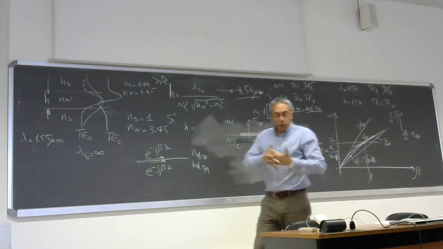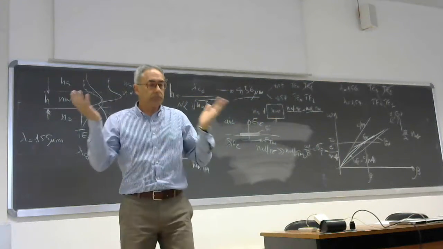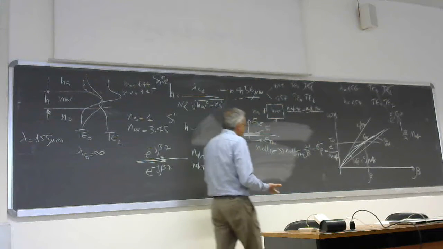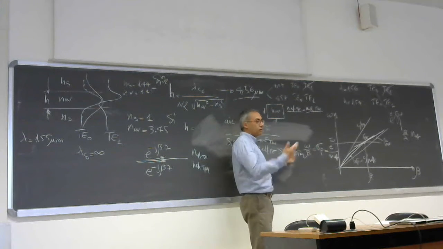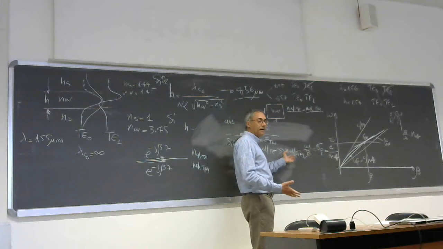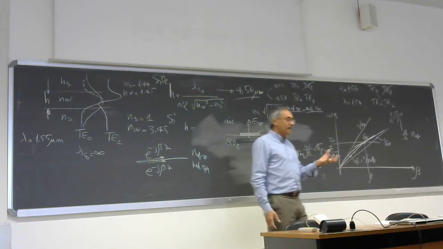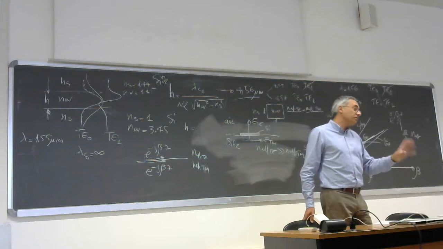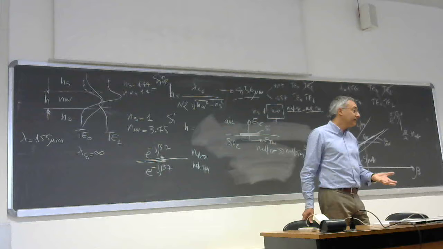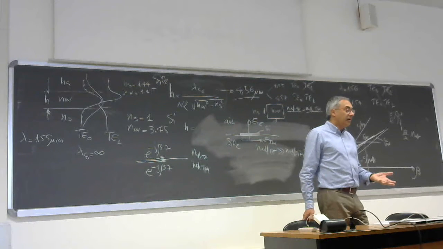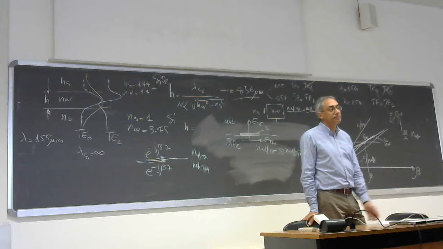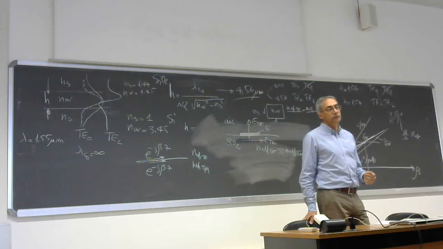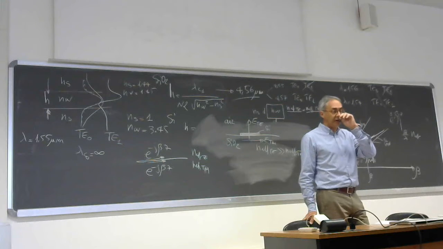So if the behavior of your device, whatever it is, depends on the characteristics of the mode, so on the effective index, on the group index, on the attenuation, etc., it is clear that the transfer function of your device depends on the polarization of the light, depends on the mode. So assume you have a filter centered at a given wavelength because you want to filter out a channel or whatever.